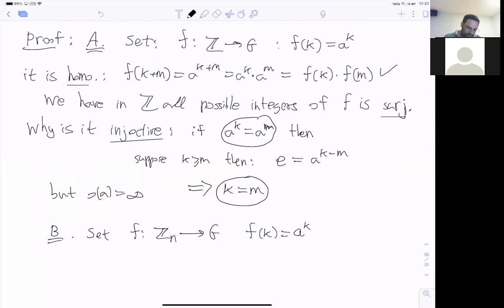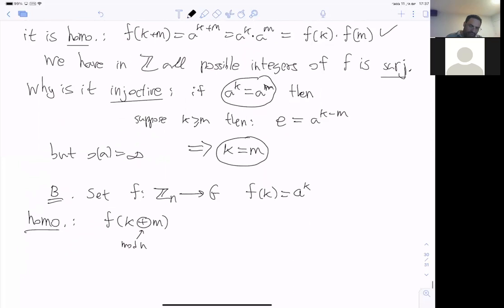So why is it homomorphism? Let us check it. F, now you know the operation here is not just plus like it was here. It is plus modulo N. So K plus M, this is modulo N.